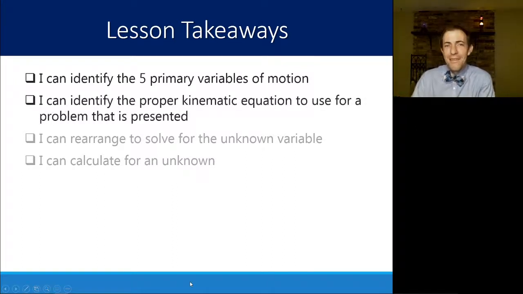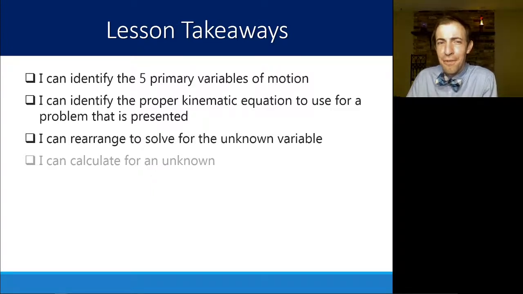You should be able to identify the proper kinematic equation to use based on the problem. Remember, the best way to do this is to identify which variable is the odd one out. You know 3 of them, you're looking for the 4th one, and then the 5th one is just unneeded in the problem. Cross it off and use that to figure out which equation you need to use. You should be able to rearrange to solve for an unknown variable, and then, of course, calculate for that unknown.